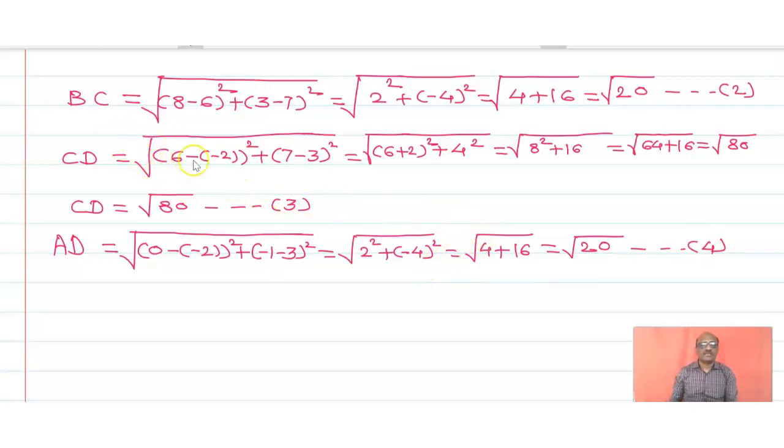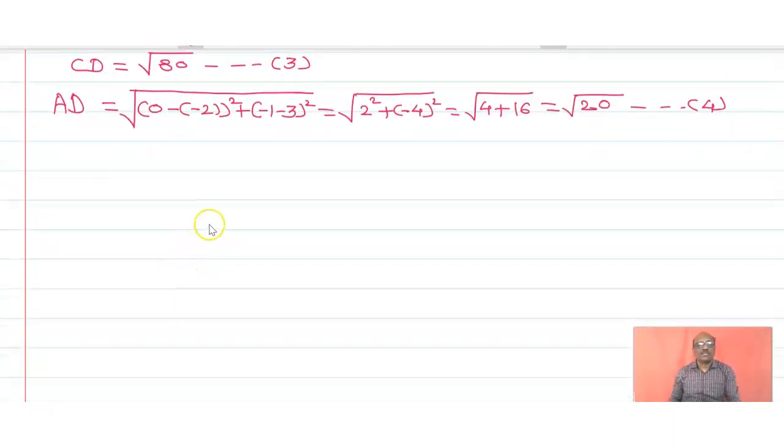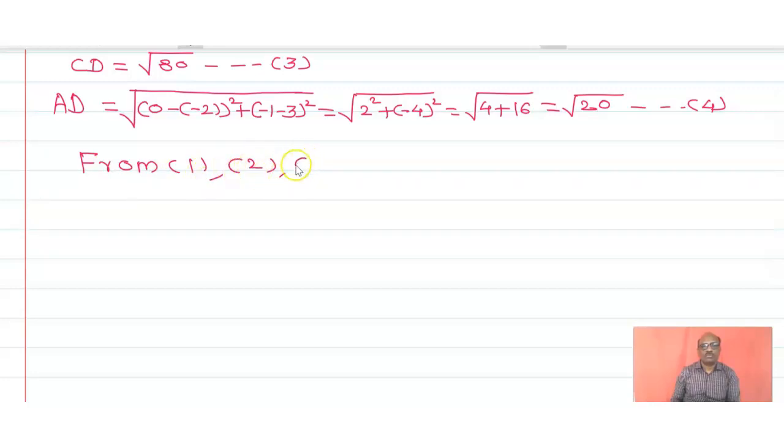If we see this, AB and CD are equal. Therefore, from 1, 2, 3, 4: AB is equal to CD, and BC is equal to AD. Means what?